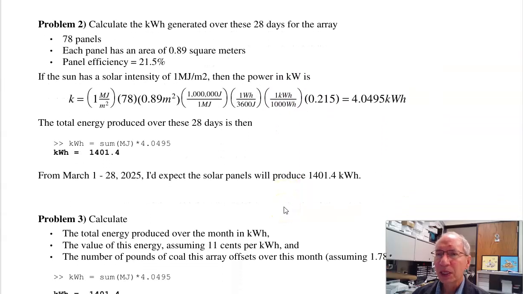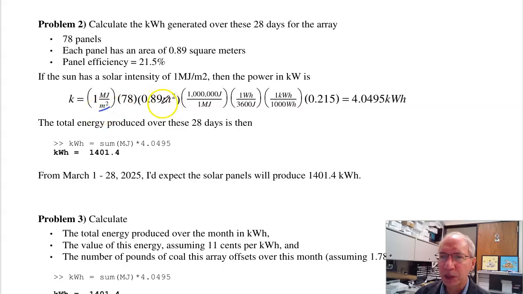Problem 2. Convert the data to units that I want. I want kilowatts. I currently have megajoules per square meter. To convert that, a trick in engineering is watch the units. I want to get the units into kilowatt hours, actually. So I've got megajoules per square meter. To get rid of the meters, I've got 78 panels. Each panel is 0.89 square meter.